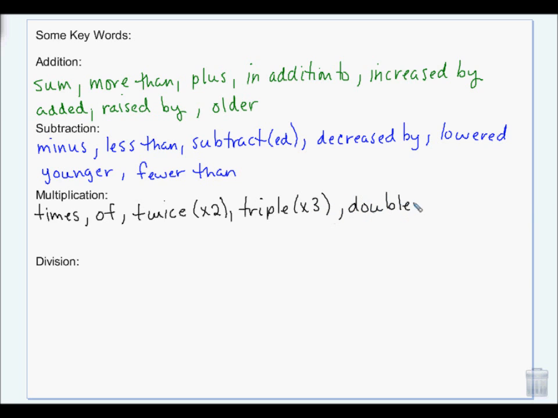Double, you multiply by 2. Product means multiplication. Okay.